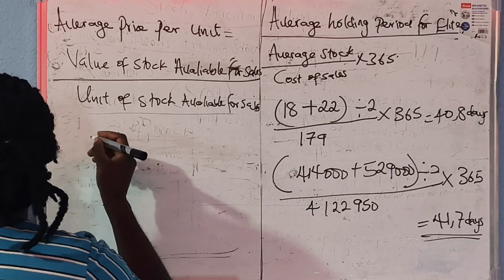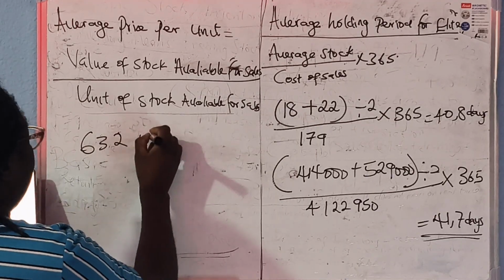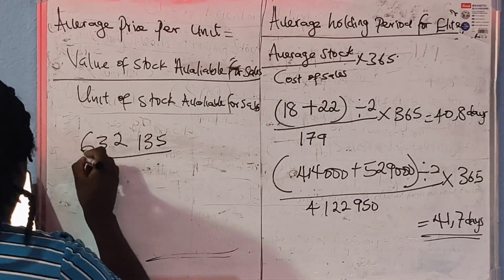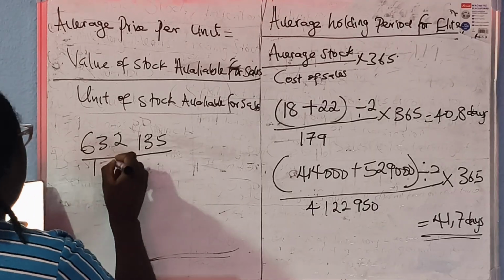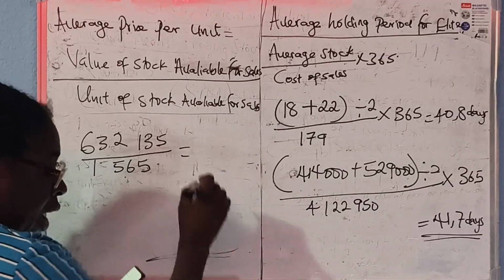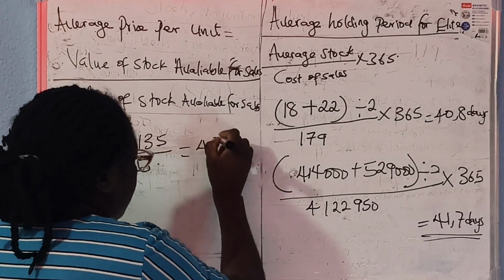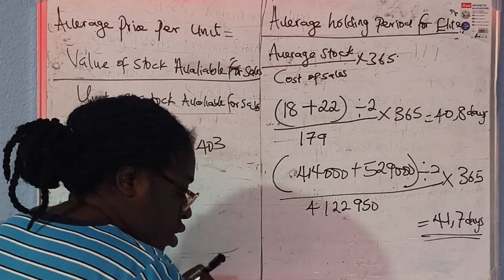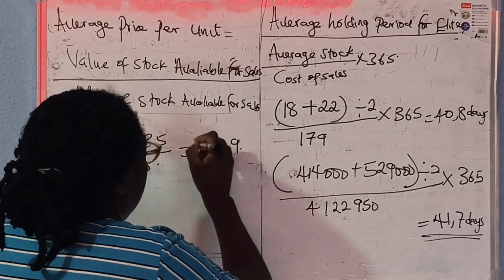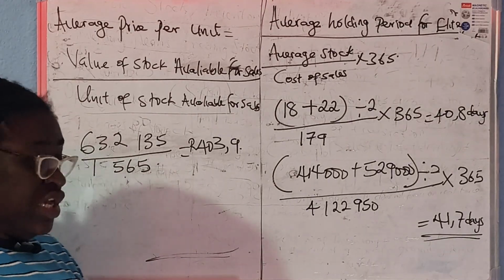So for us to get the average price per unit, we are going to divide the two. 632,135 divided by 1,565 units. And when you divide these two, you are going to get 403.90, 403 rand 90 cents.